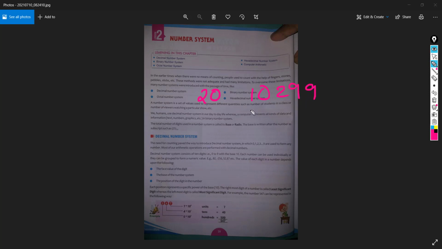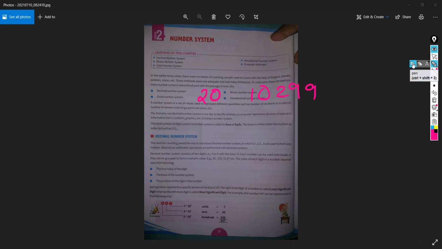The base of a number system means how many digits are used in that number system, and that is known as its base or radix. In the decimal number system, how many digits are we using?